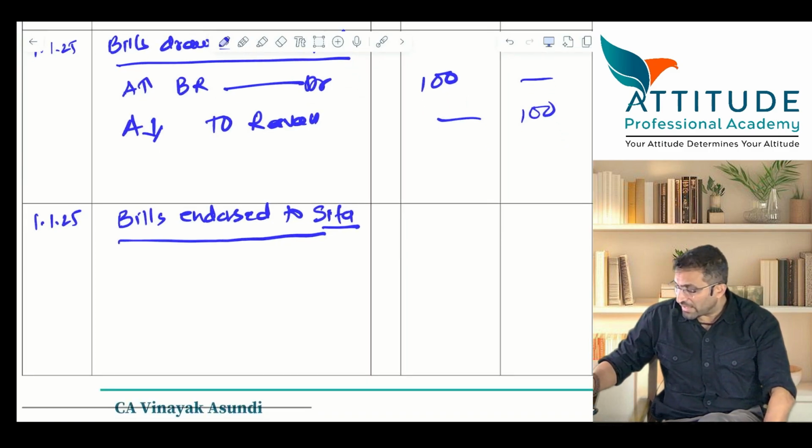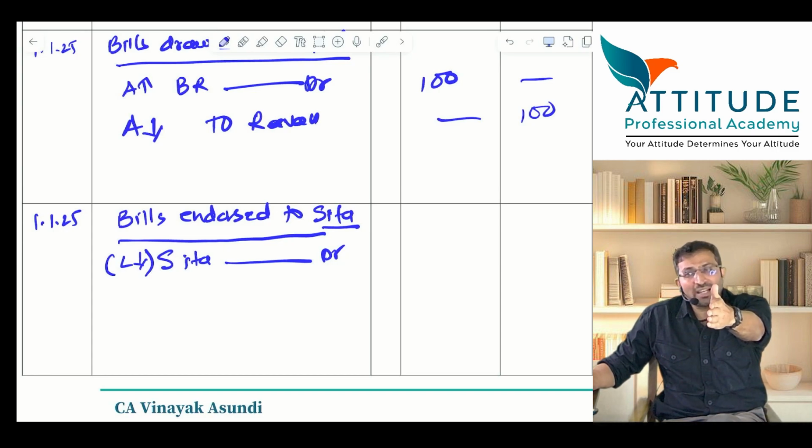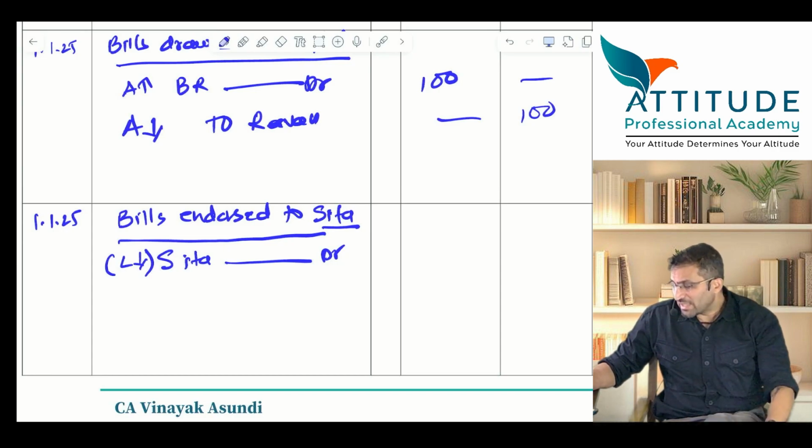What should I write in the bracket? Sita account debit. Right. Liability, does it increase or reduce? Oh, Sita is a liability in the books of Ram. I told you, no, Sita is already a creditor. Now Ram, you are Ram. What will happen to your liability? It will reduce. Right? To bills receivable, very good. Asset reduces. 100.